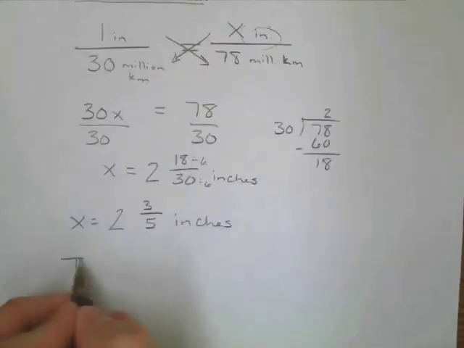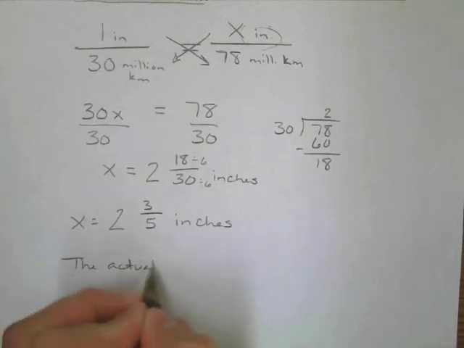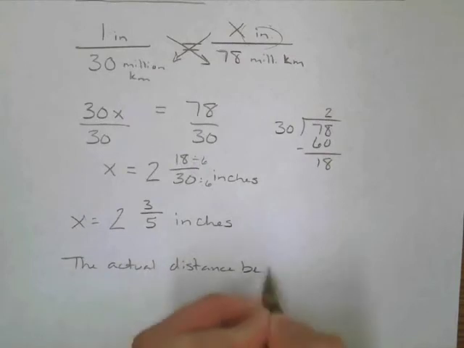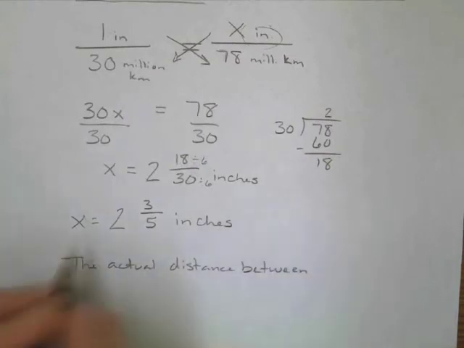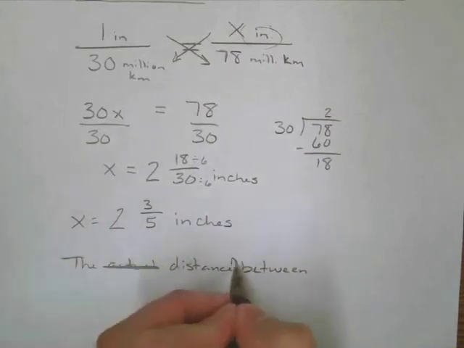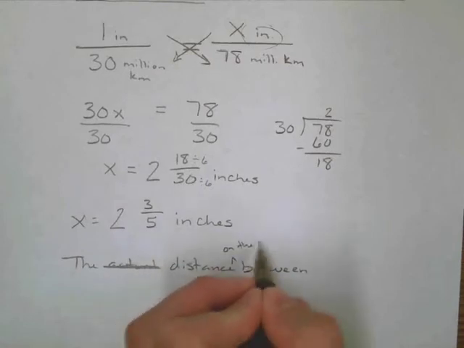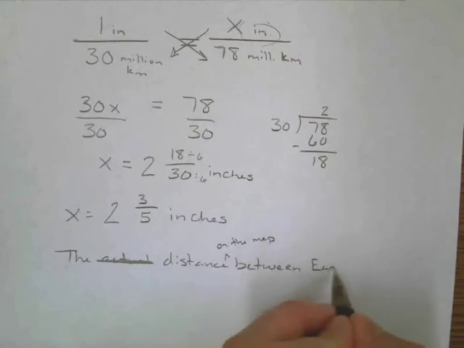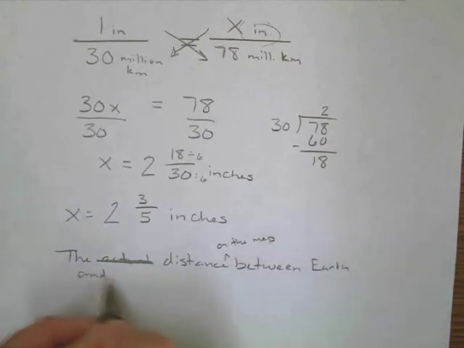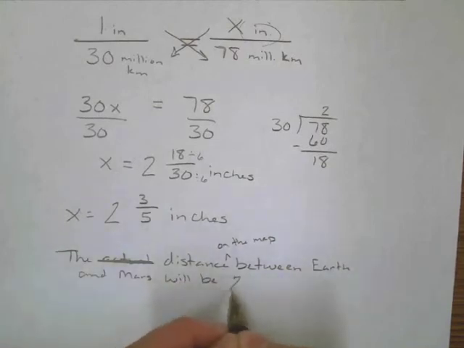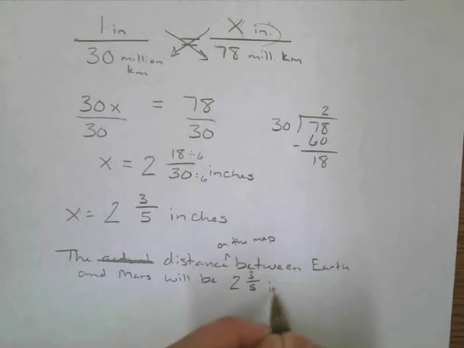So the actual distance between Earth and Mars, actually, I want to know not the actual distance, but the distance on the map between Earth and Mars will be 2 3/5 inches.